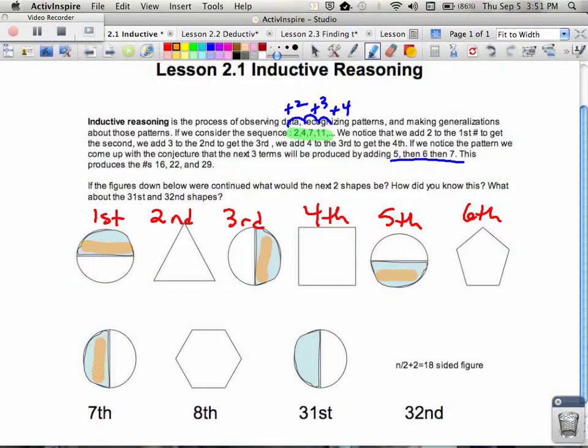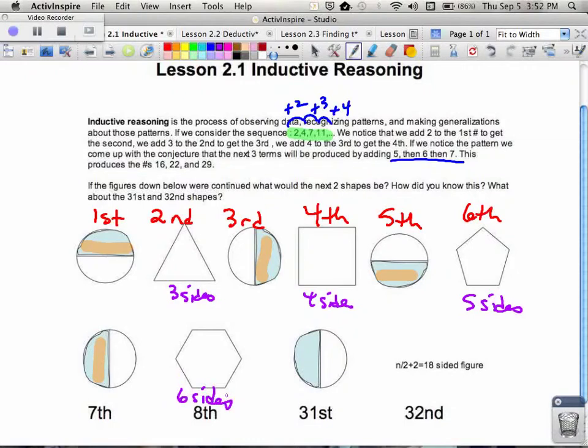Likewise, every even term is a polygon starting with 3 sides and then going up by 1 side each time. So we have 3 sides on the triangle, 4 sides on what looks like a square, but it's a quadrilateral for sure. Then we have 5 sides on the pentagon, and 6 sides on the hexagon.